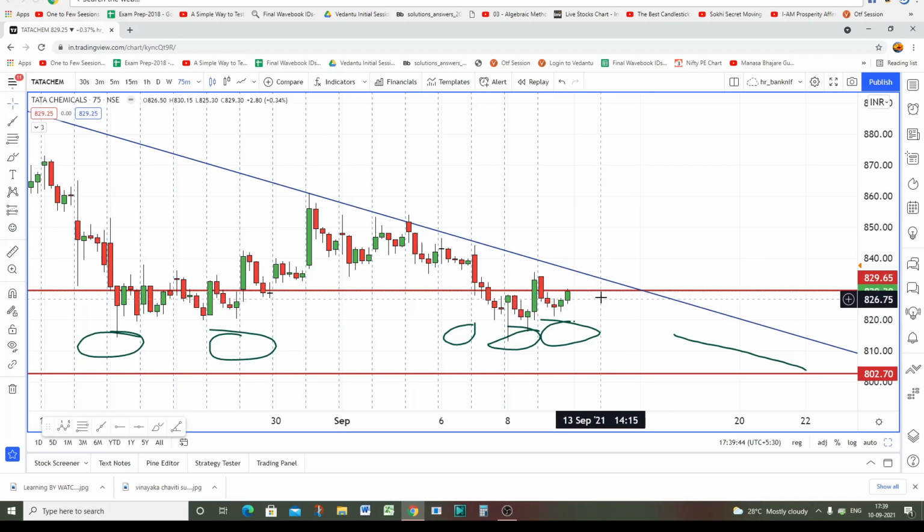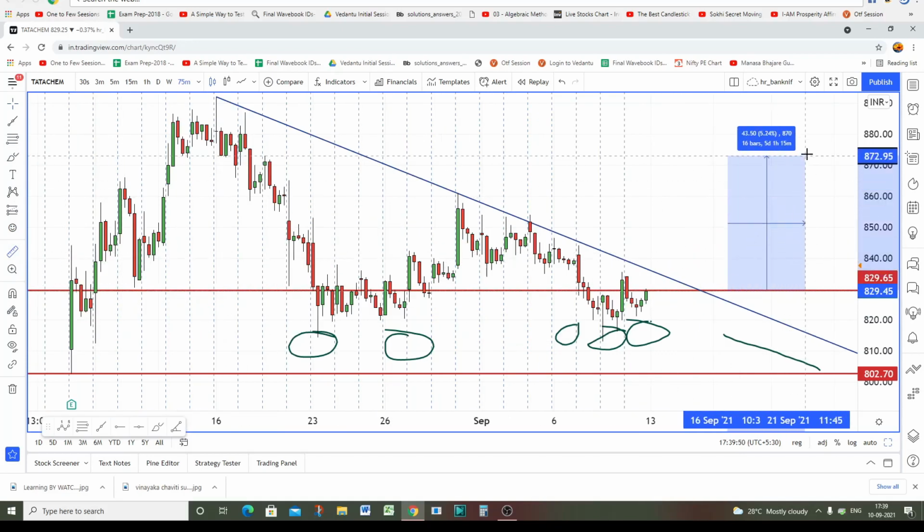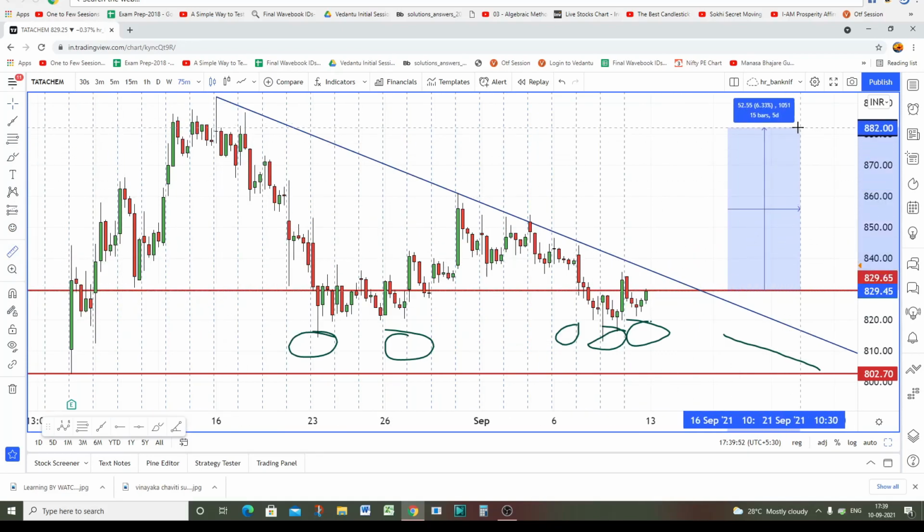We can consider a target on the upside, primarily the previous highs, where it has stopped many times, a value of around 882. I view there is a high probability for this stock to cover around 6.5% from the current levels.